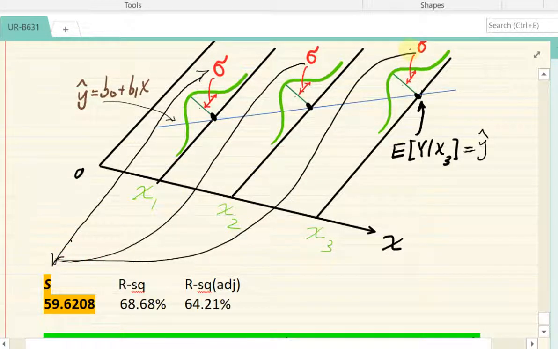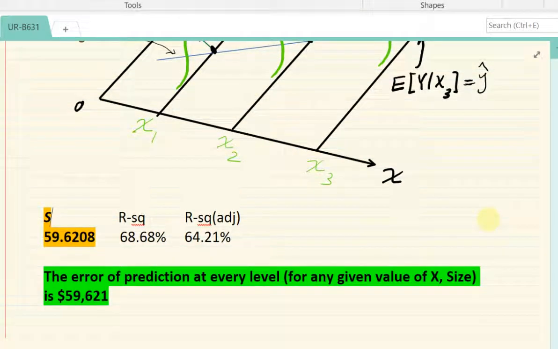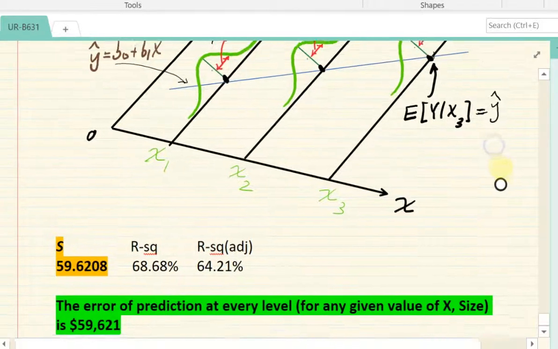That means for any prediction we make, for the price of any size home in that location, without extrapolation, our estimates could be off by as much as almost $60,000. So that's rather high, isn't it?